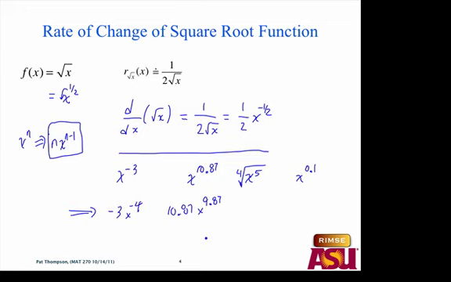Okay, Ben, how about the next one? Well, first it would be x to the 4th. So which is numerator, which is denominator? That would be 5/4, right? So it'd be 5/4 x.